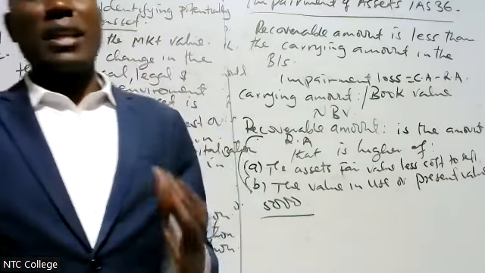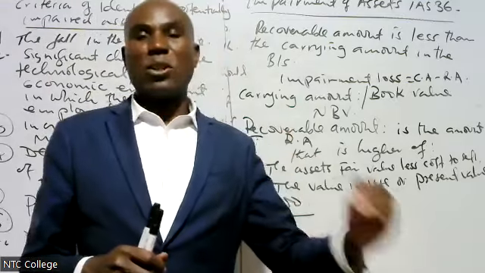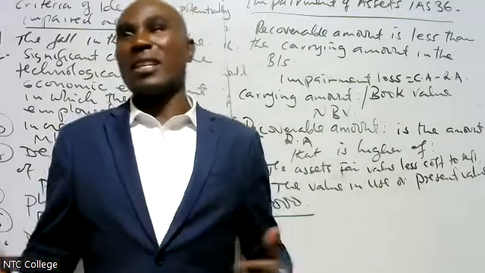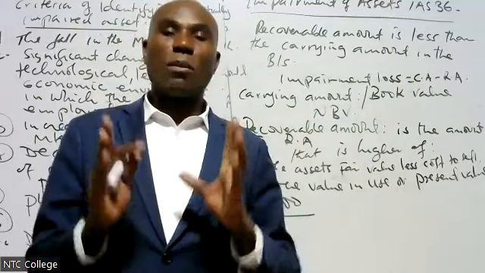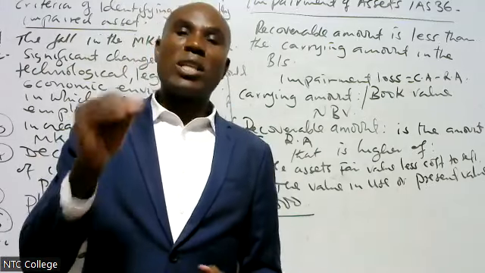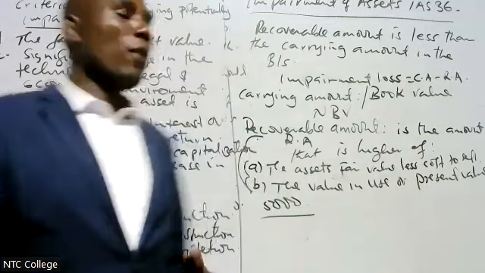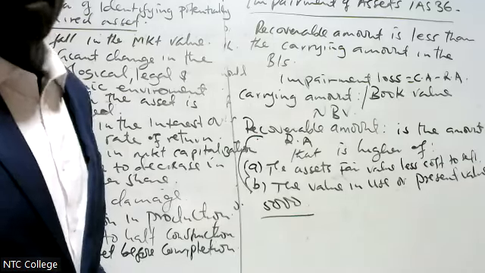That's why the president wants to complete that project so that it cannot become a white elephant which is impaired. Therefore, decision to halt construction of an asset before completion will impair that asset.